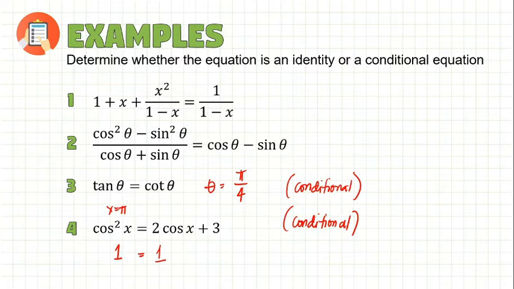So how are we going to check if the equation is an identity or a conditional equation? What you are going to do is check the two expressions, the left-hand side and the right-hand side of the equation, and see if you can write the left-hand side as an expression equal to the right-hand side.